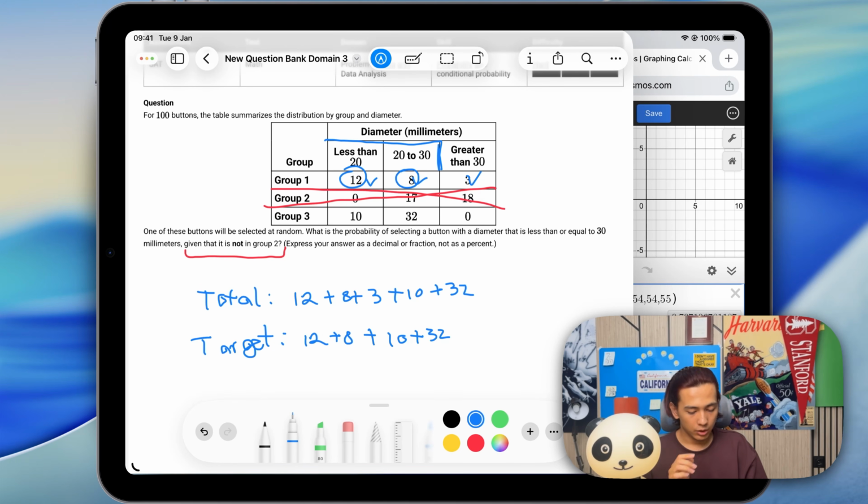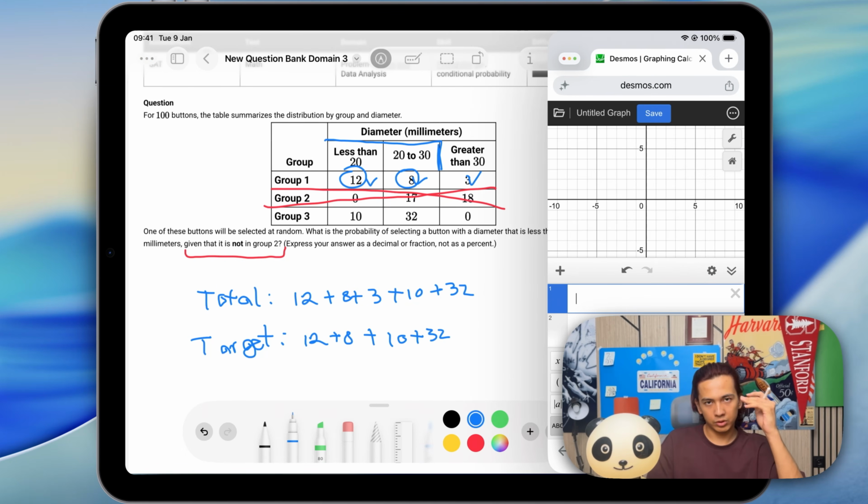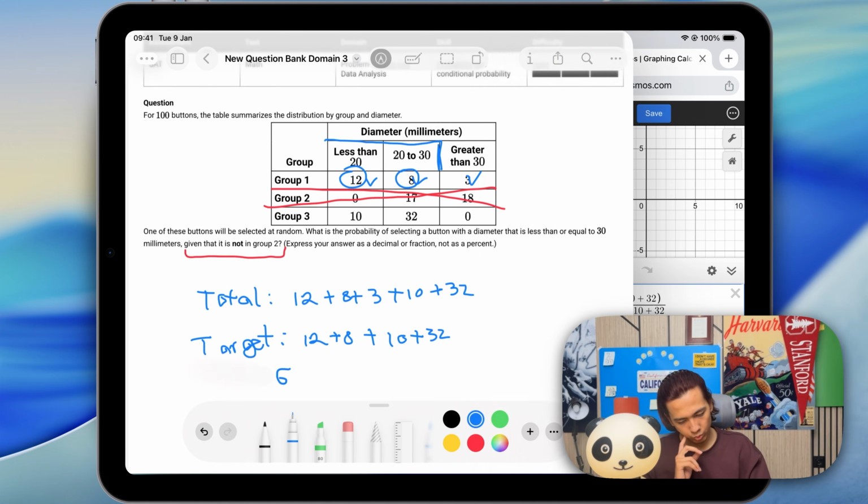So now we have target over total: 12 plus 8 plus 10 plus 32, all divided by 12 plus 8 plus 3 plus 10 plus 32. So it's going to be 62 over 65, and that would be my answer there.